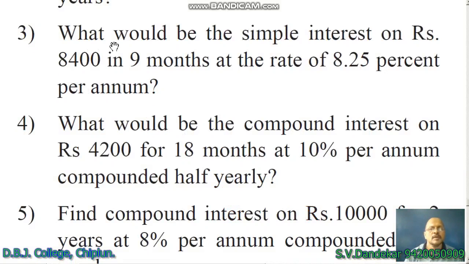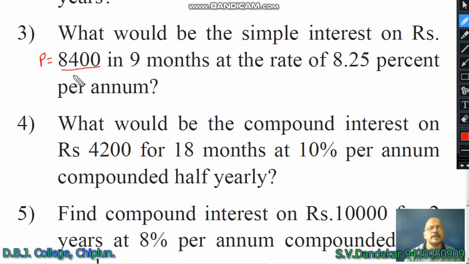Third problem, what would be the simple interest on rupees 8,400 in 9 months at the rate of 8.25% per annum? In this case, 8,400 is P, the principal.